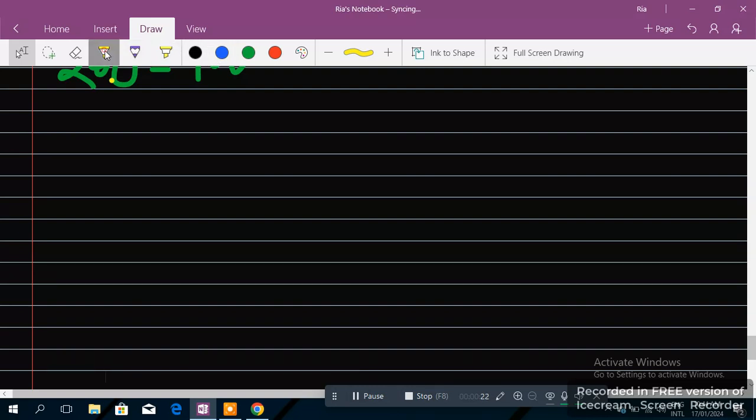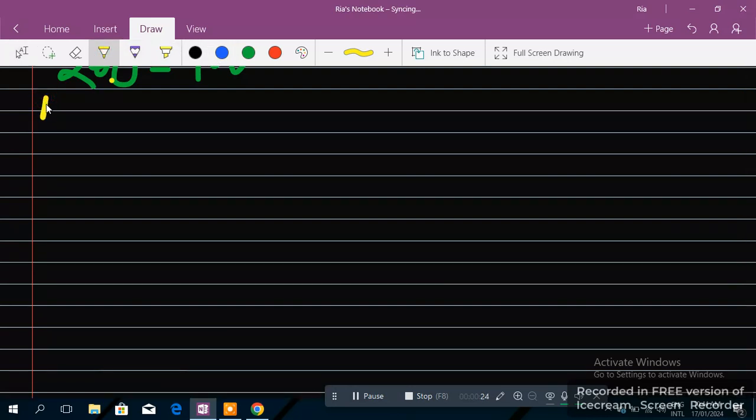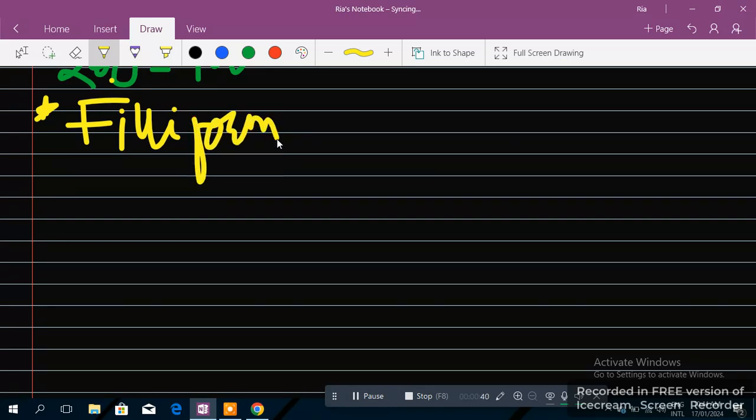So now we are going with another form, which is filiform. Filiform papillae. So these don't have any taste.